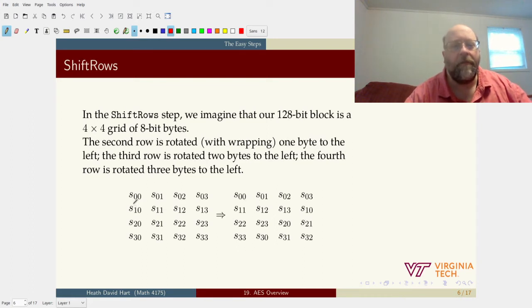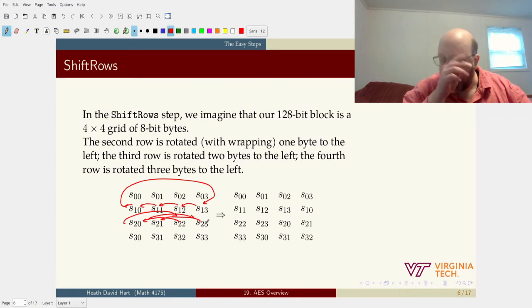And what we're going to do is leave the top row alone, but take the second row and rotate it one place to the left. So S11 goes here, S12 goes here, S13 goes here, and S10 goes around to the end. Then we take the third row and shift it 2 places to the left. So S22, S23, and then S20 wraps around and S21 wraps around. And then you can guess what's going to happen to the fourth row.